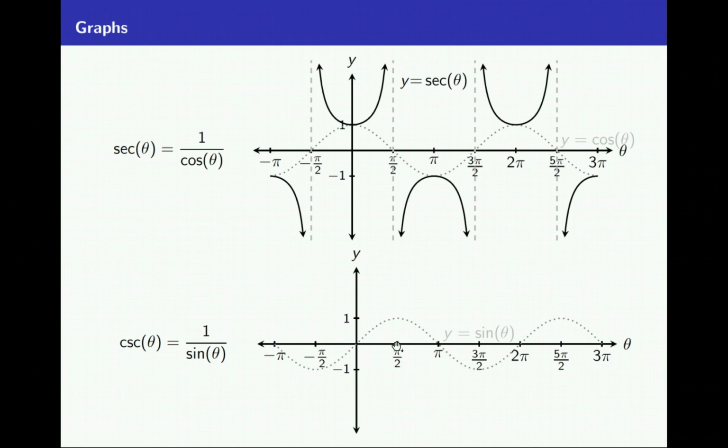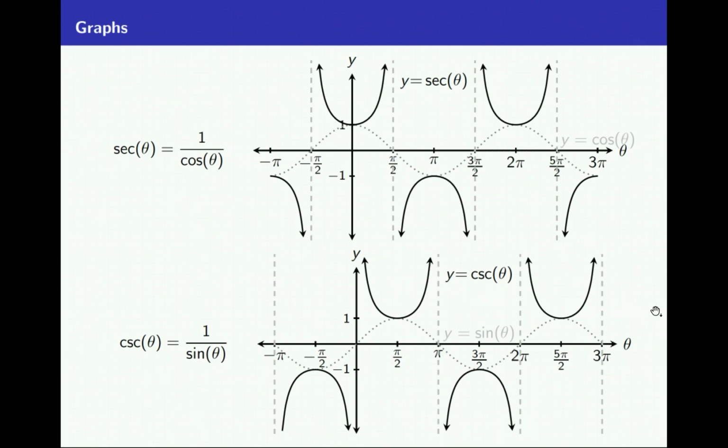But when theta is pi over 2, sine of pi over 2 is 1, so the reciprocal of 1 is 1. So the graph is going to go through this point. So you'd expect it to look like a U shape coming through like that, getting very large when x is close to 0 or pi. And in fact, that's exactly what it looks like.